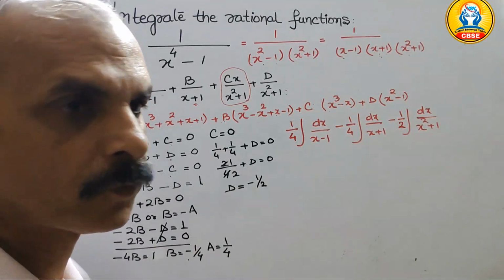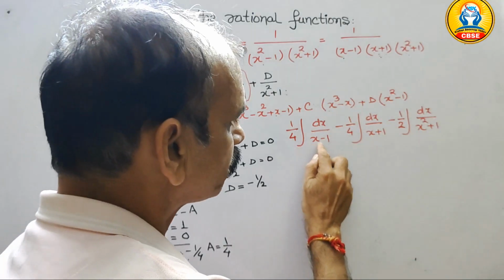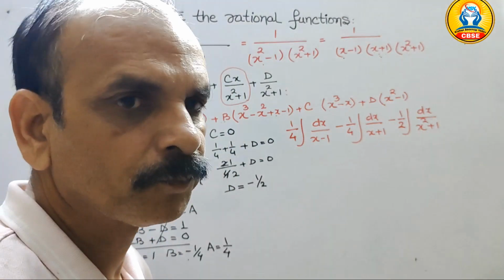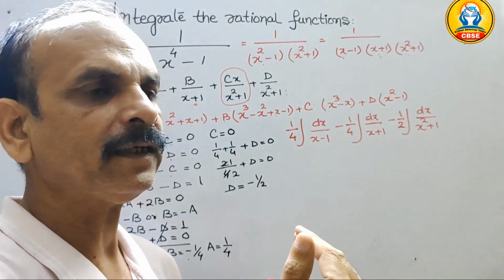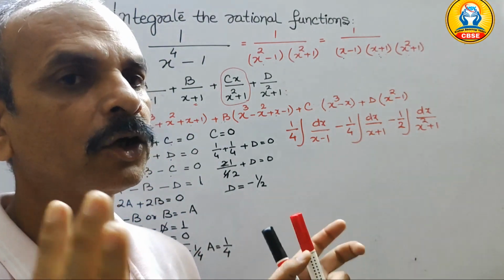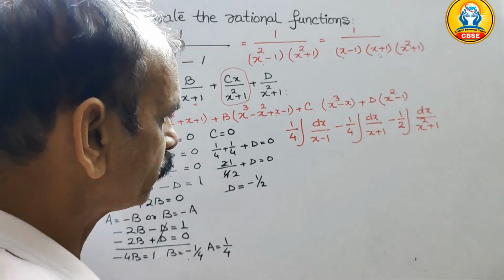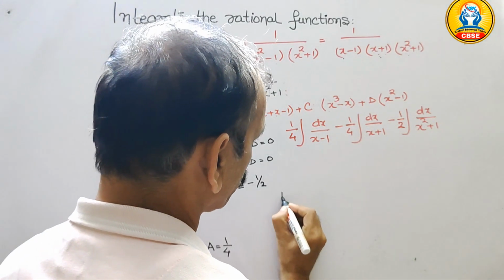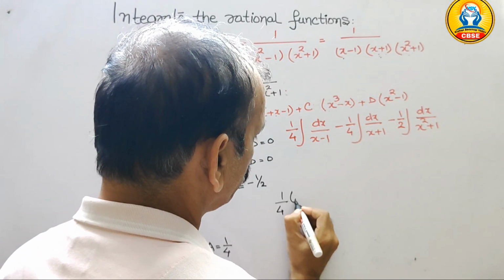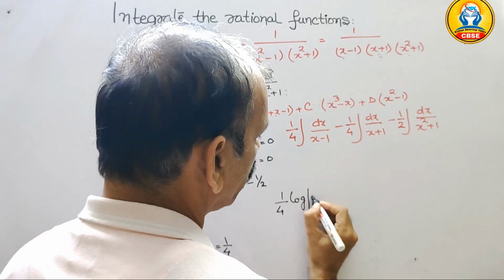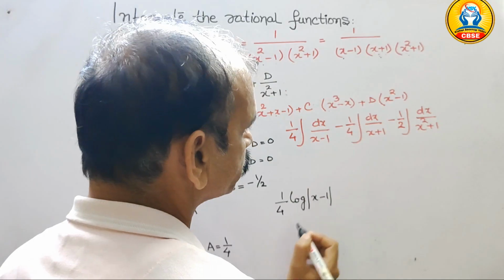Now solve. If you take x minus 1 is equal to t, you will get dt by t, that is nothing but log. So here comes 1 by 4 log x minus 1.